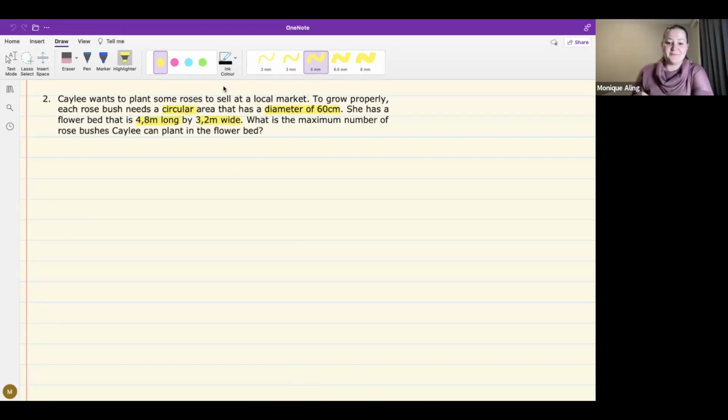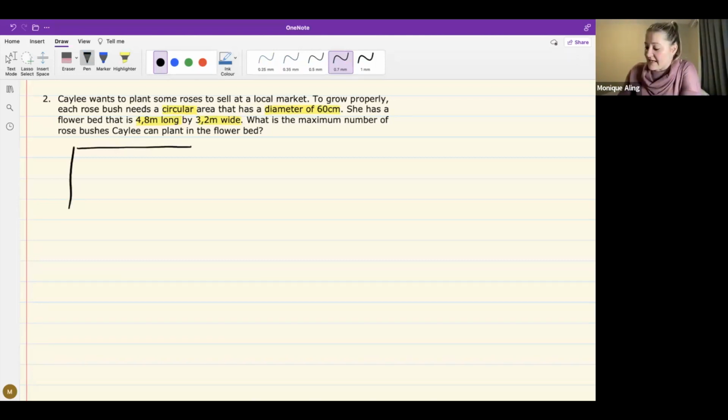Okay, so let's have a look at how we do this. So if we can't visualize, you are more than welcome to try draw a picture to understand it. Okay, so I sometimes do it, nothing wrong. They tell us that the garden bed is a rectangle.